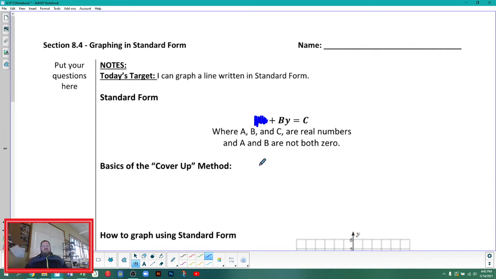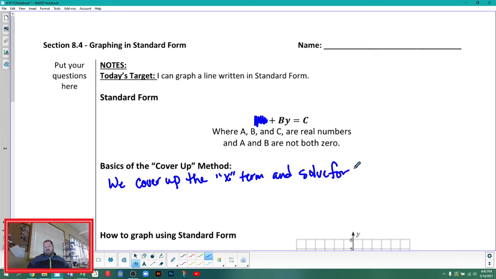But the basics of it are, we will cover up the x term and solve for y. And this is going to give us our y-intercept.